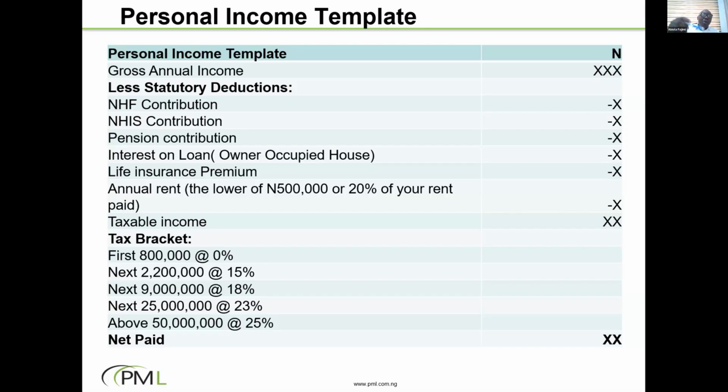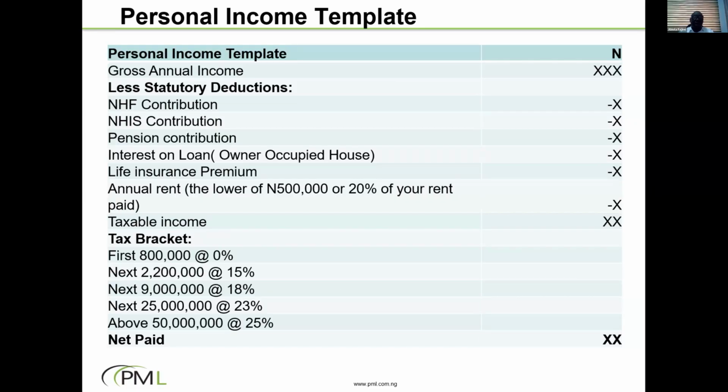So it's when your total income passes 37 million that you can start attracting the higher rate of 25%. So we use the rate to multiply the amount to arrive at what will be the tax payable.